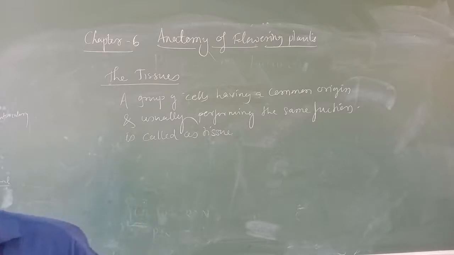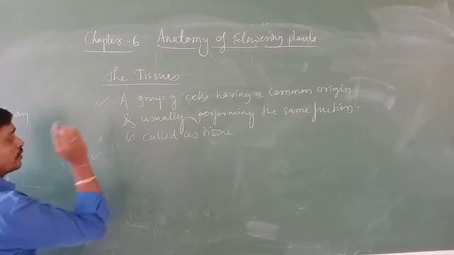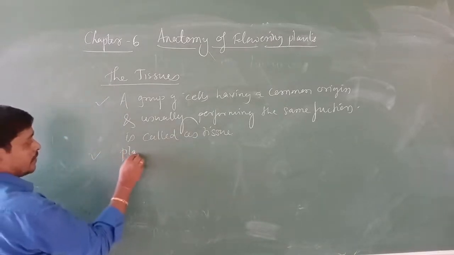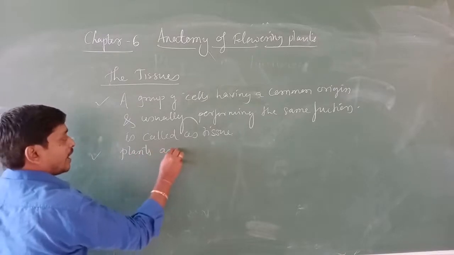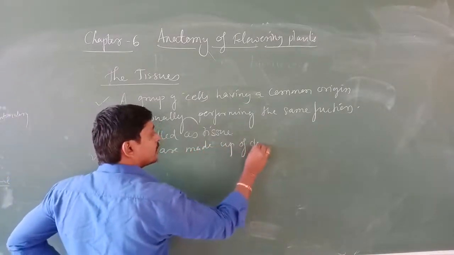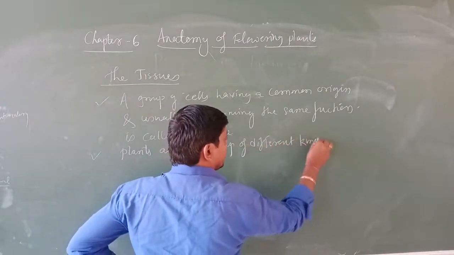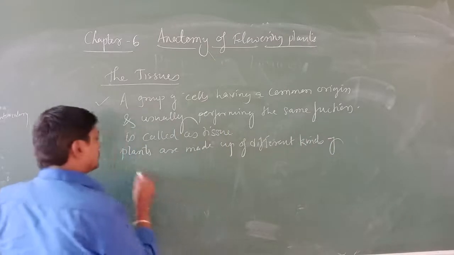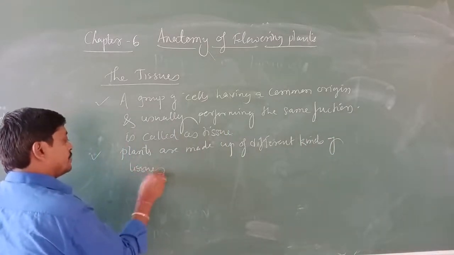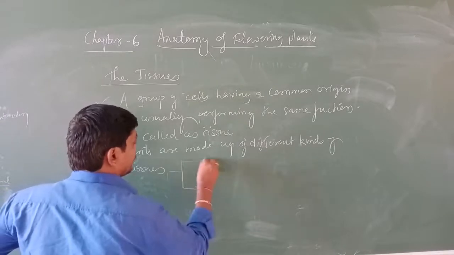A plant is made up of different kinds of tissues, and this is the definition. And when we discuss the plants, they are made up of different kinds of tissues, and these tissues are mainly divided into two types.